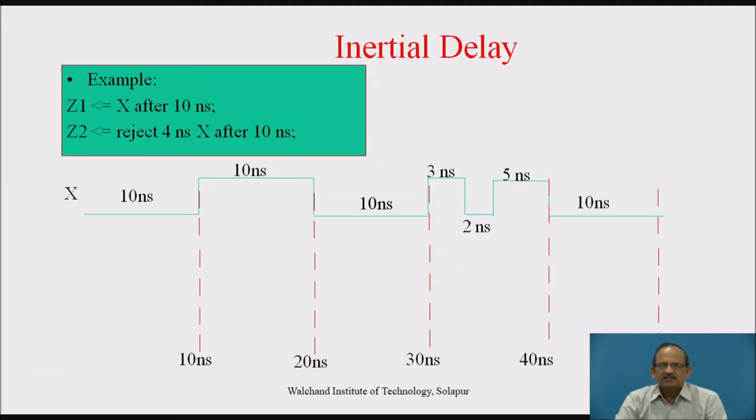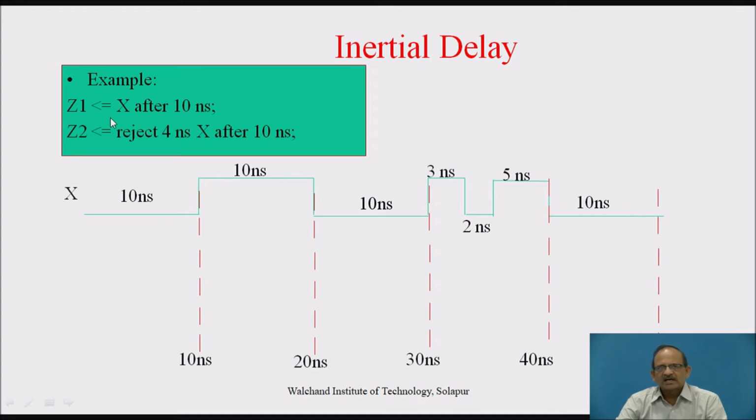Now let us consider an example of this inertial delay. There are two statements. One: assign the value of x to z1 after 10 nanosecond. In this statement, there is no rejection pulse width given, and no delay model specified, whether inertial or transport.